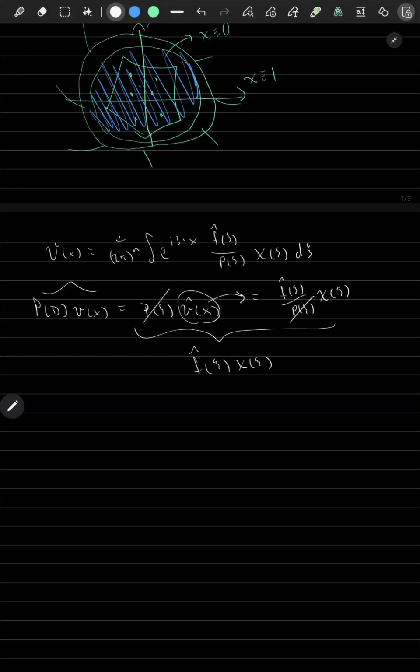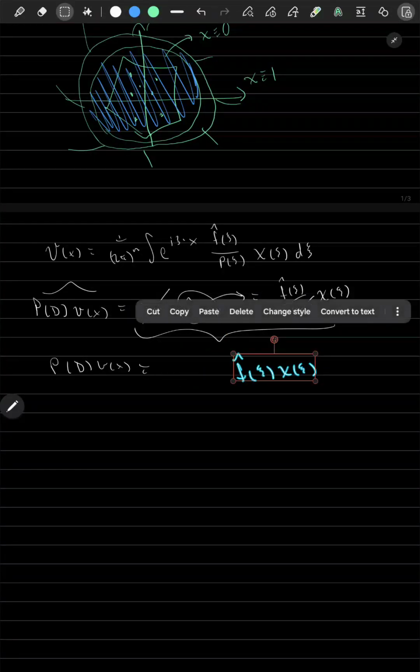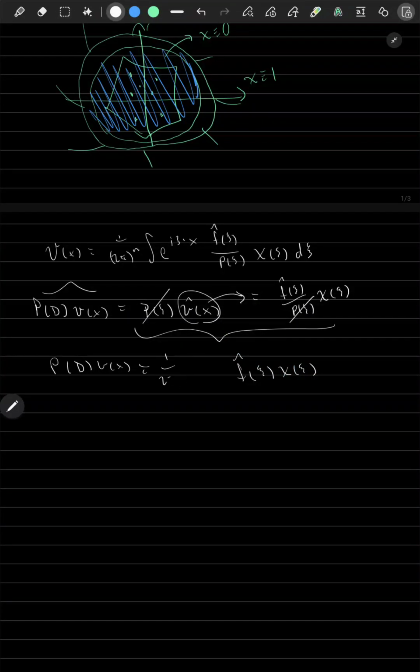Now we want to take the inverse Fourier transform, so we get P_D of v on the left-hand side. If we take the inverse Fourier transform of this, we have 1 over 2 pi to the n, e to the i xi dot x, d xi. Okay, so this is the expression we end up with.